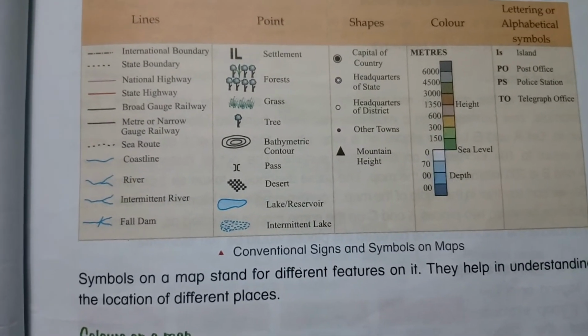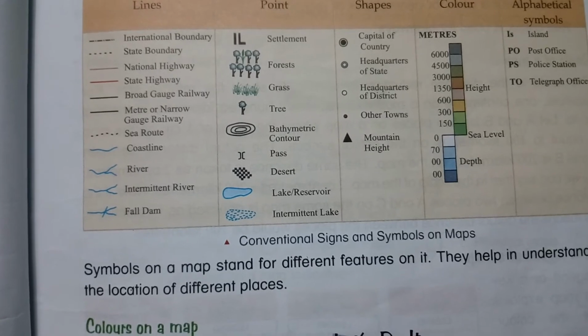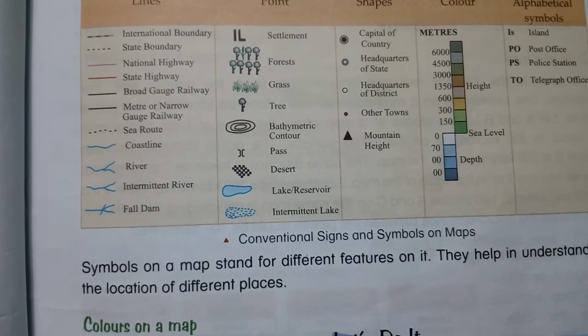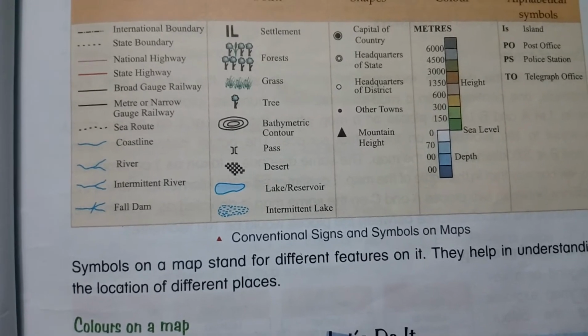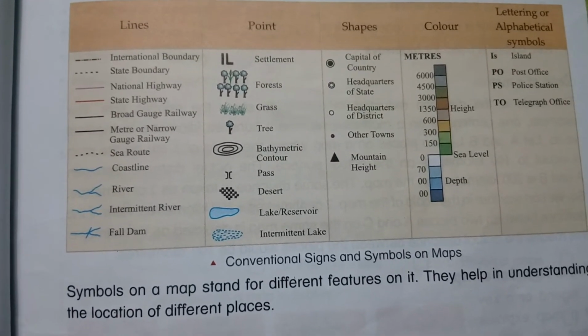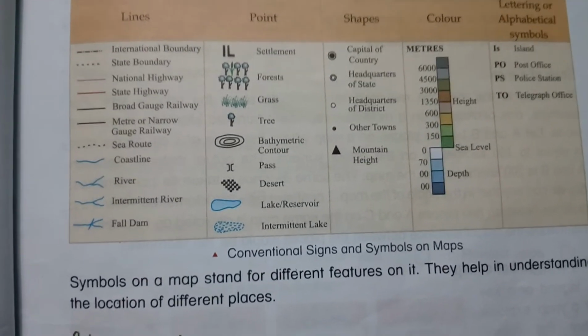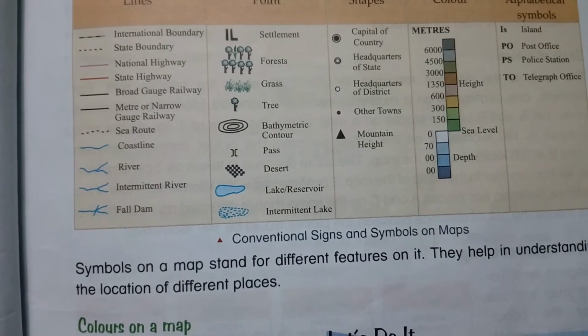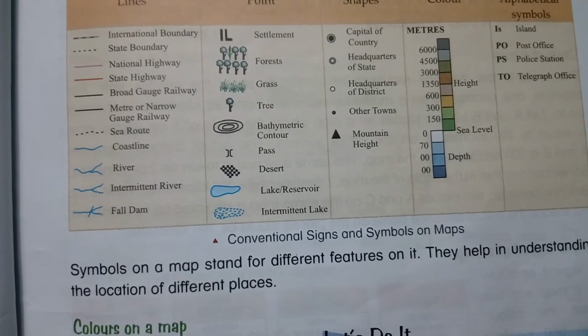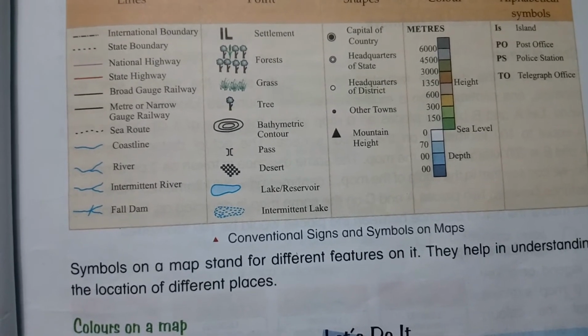Then is the color. See, there are different colors for the height above sea level and the depth of the sea here. And letters or alphabetical symbols: islands IS, post office PO, police station PS, and telegraph office TO.